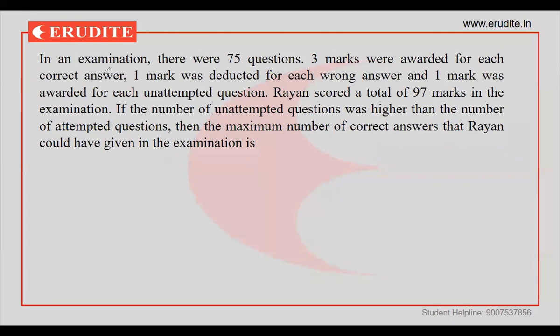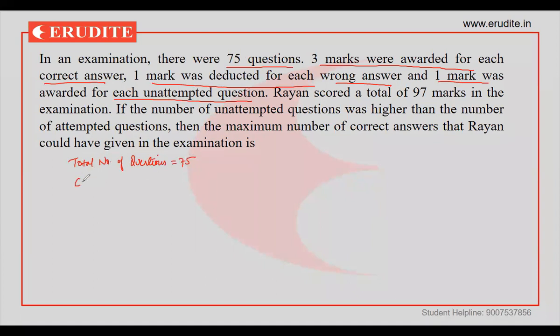Hello everyone. So we are going to discuss this question. In an examination, there are 75 questions. 3 marks were awarded for each correct answer and 1 mark was deducted for each wrong answer and 1 mark was awarded for each unattempted question. So total number of questions are how many? 75.